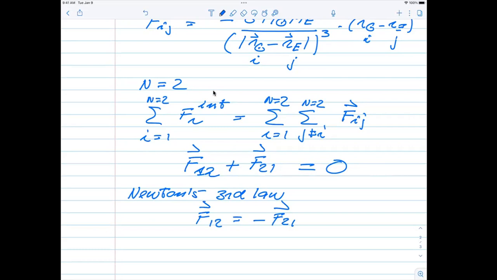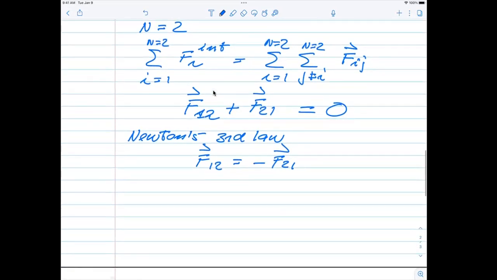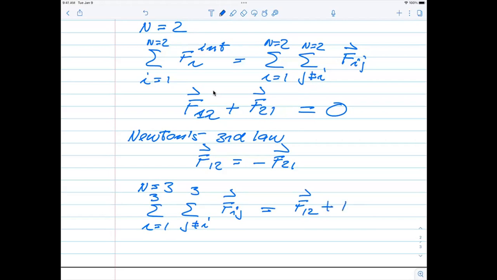So if you now look at a case where we have n equal to 3, let's do that case as well. Then we would simply sum the internal forces. So we would have I equal 1 up to 3, and then J different from I up to 3, and then we have our Fij. Then we would get first F12 plus F13.